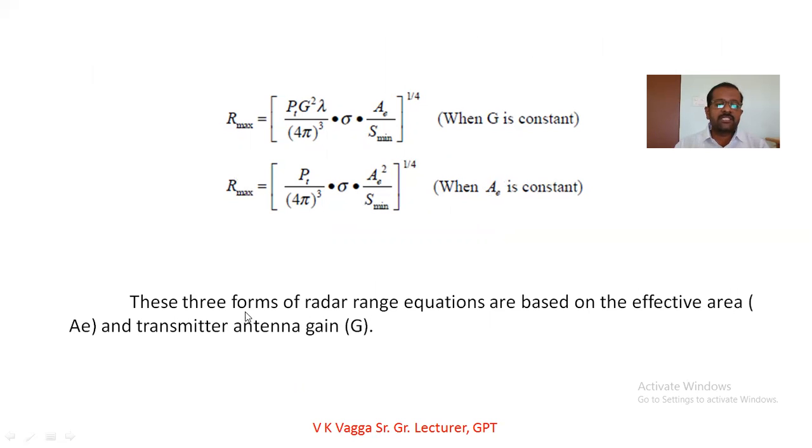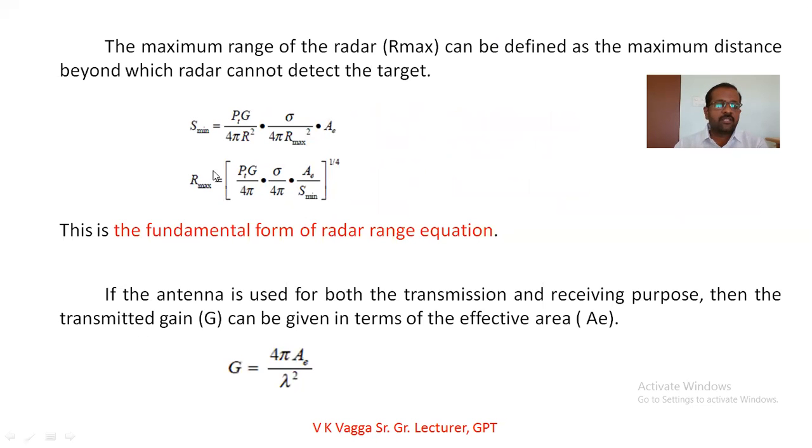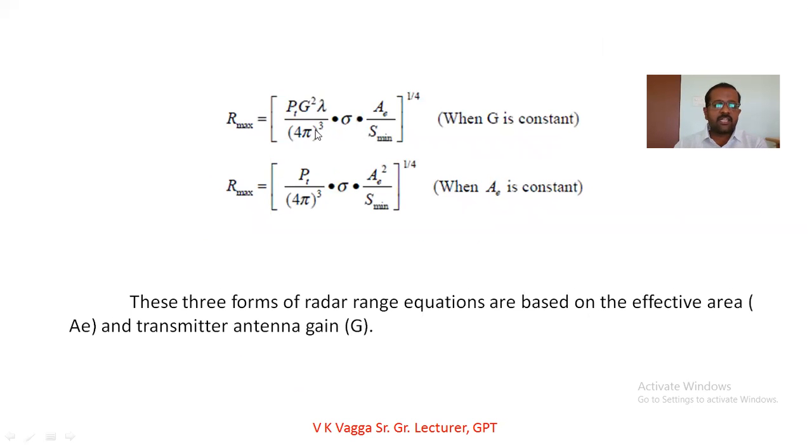So these three forms of the radar range equation are based on the effective area and the transmitter gain G. This is the first equation. This is the second equation. This is the third equation. All of these three are the equations of the radar range.